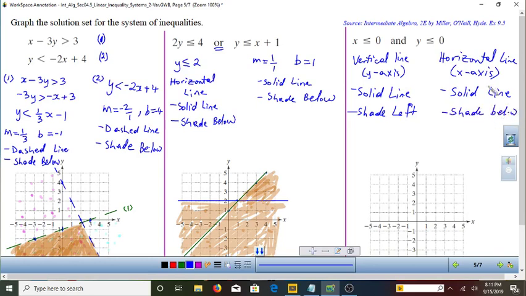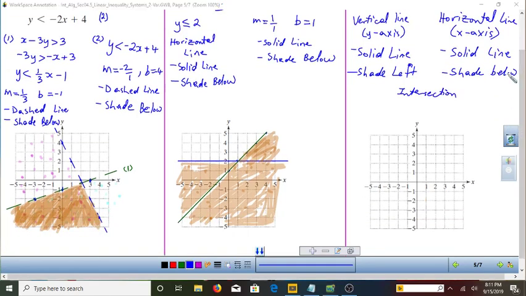And since it's an AND situation, we look for the intersection. I'm not going to do the dot situation here. I'm just going to do the answers here. So since we're dealing with two solid lines here, one is the y-axis and the other is the x-axis. So that was the second line, and this was the first line.